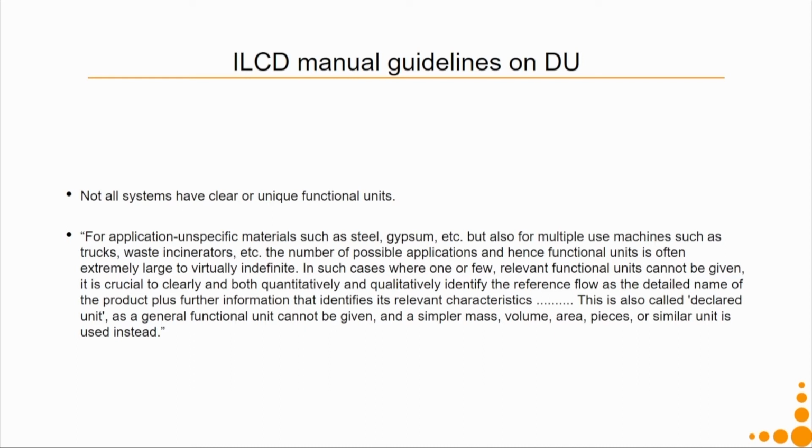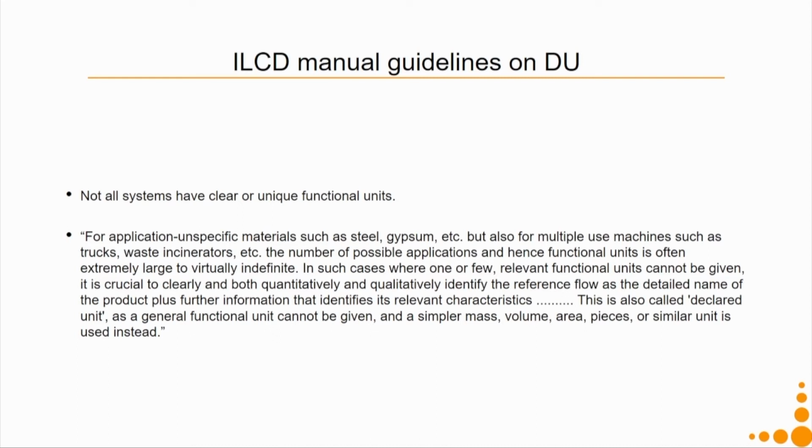So in such cases where one or a few relevant functional units cannot be given, it is crucial to clearly, both quantitatively and qualitatively, identify the reference flow as the detailed name of the product plus further information that identifies its relevant characteristics, which means the specification.